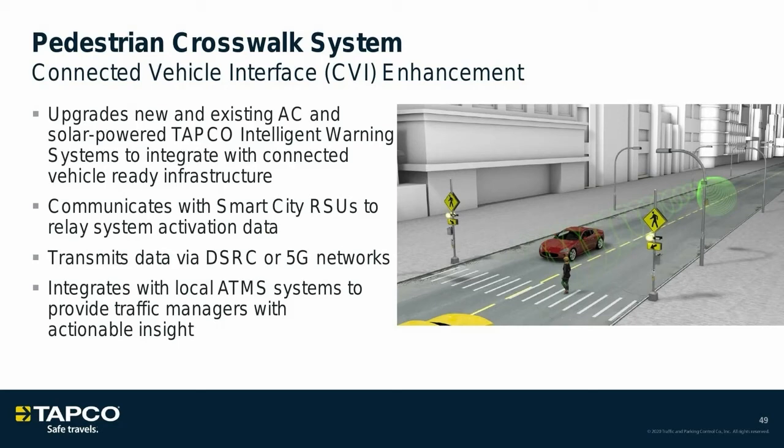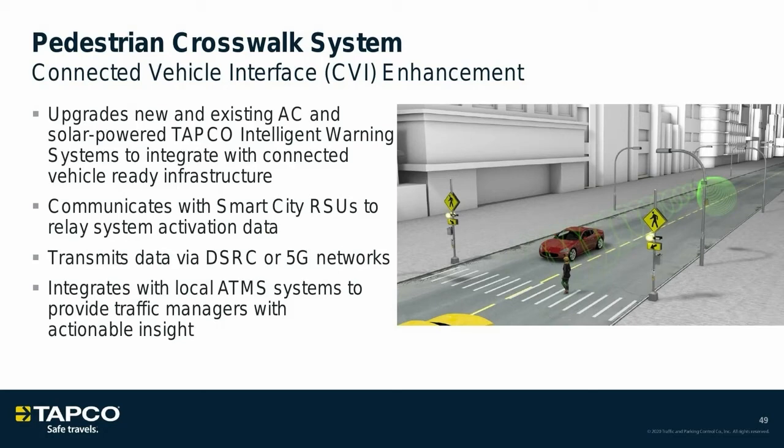We can do anything here, so just be open-minded. We have the ability to be pretty customizable with what's out in the field and being used. As far as any TAPCO system, whether it's being ordered now or has been in the field for 2 or 3 years or even longer, we can integrate that system to be CVI ready and give you our connected vehicle interface, implementing it into the current existing system or into a new system.